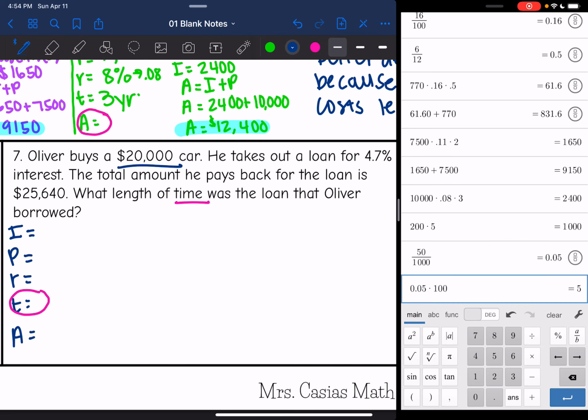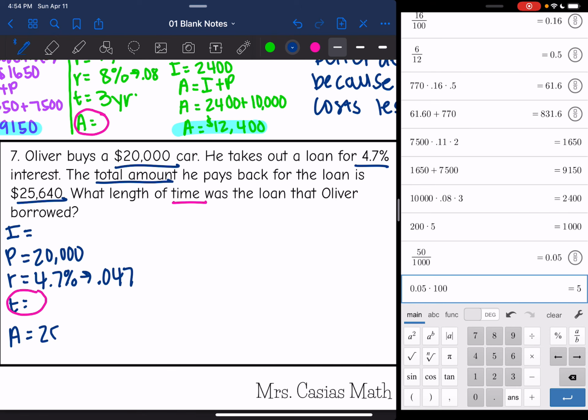The car was $20,000, so that's our principal. The rate was 4.7%, which I have to convert to 0.047. They don't tell me the interest, but they do tell me the total amount. It was $25,640.